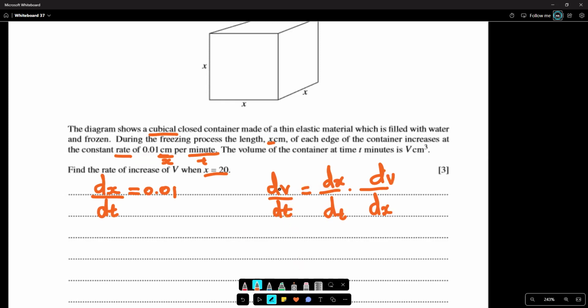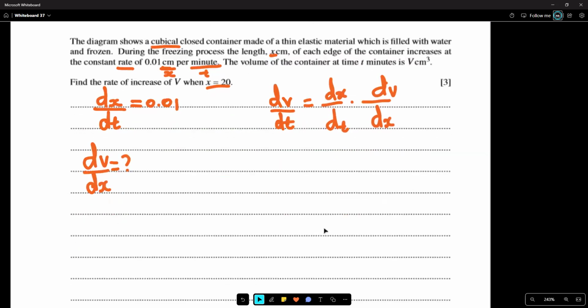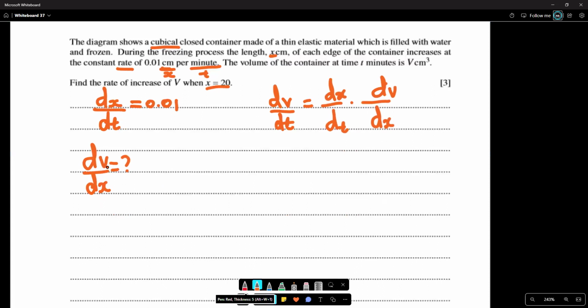So from here, this one I already have. I'm worried about dV over dx before I can substitute there. Okay, so let's see. Is there a formula that relates the volume and the length? Yes, there's a volume formula that relates the two, right?